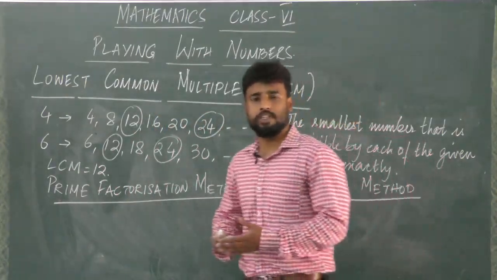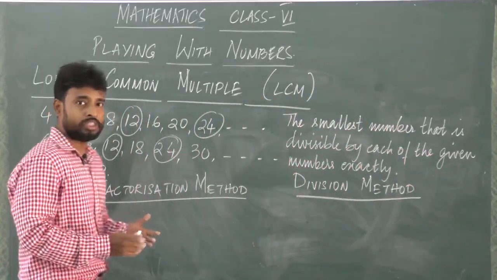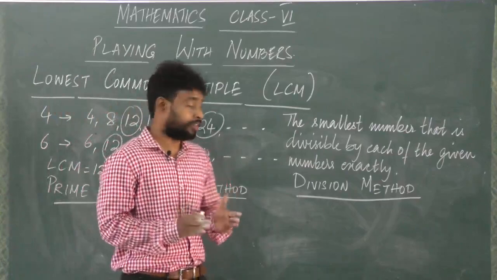Let us take three numbers, 24, 30 and 54.